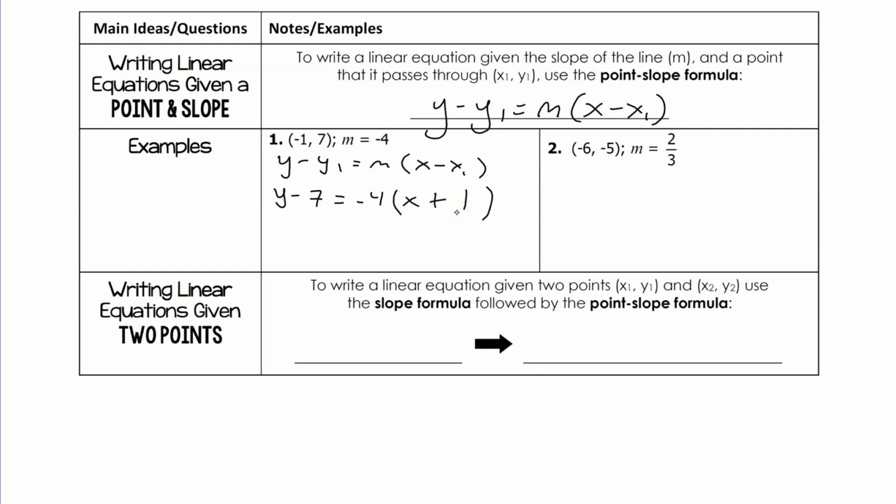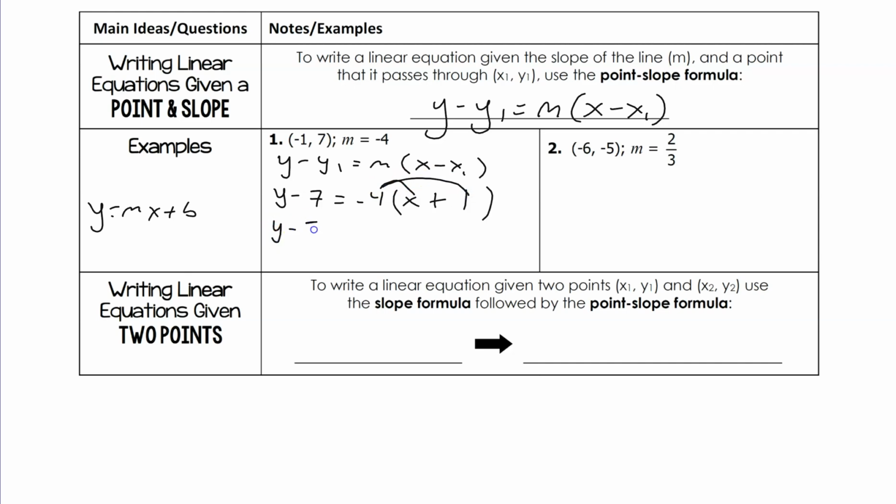Okay, so now that we have it, we are going to turn this, ideally, into slope-intercept form, which is y equals mx plus b. Right now it's in point-slope form, but we need to simplify this a little more. So first we start by distributing that -4.